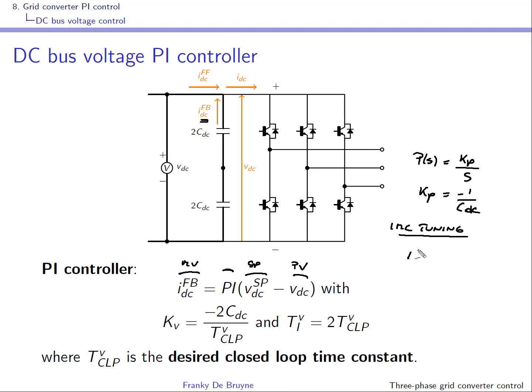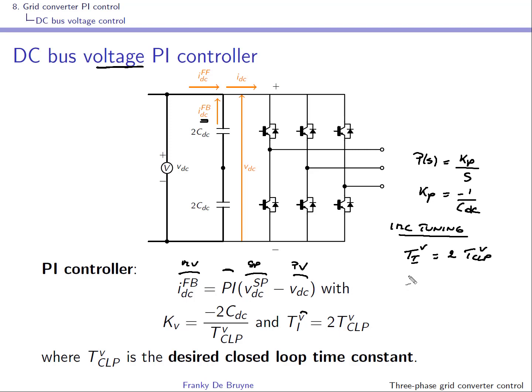We know that we should use an integral time constant here, tau_iV, where V stands for voltage loop, which is 2 times the desired closed loop time constant for this voltage loop. Later on we'll see that there is another constant like that, but it will be for the current loop.